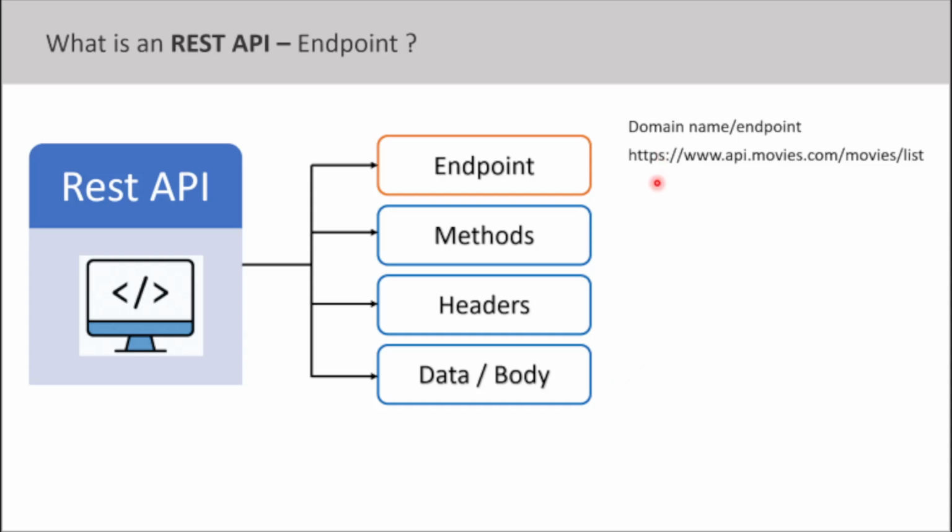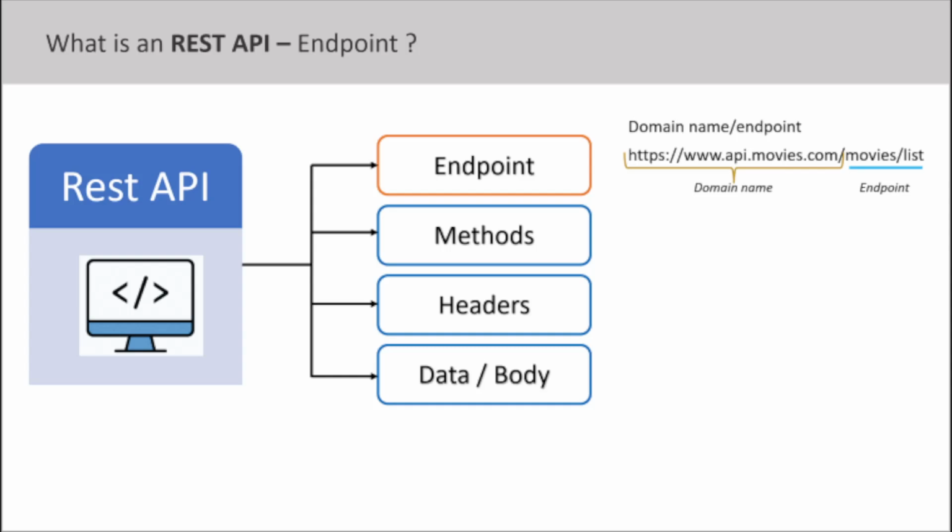If you look at this example, www.api.movies.com/movies/list, the first part is the domain name and the second one is the endpoint.